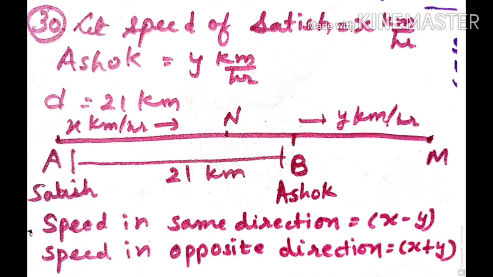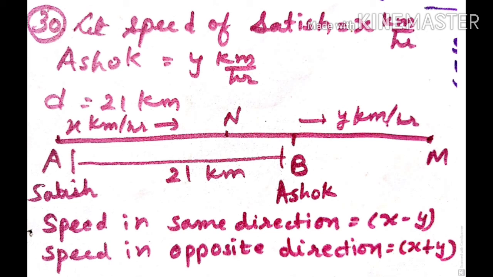Now when they move in the same direction, they will meet at point M. And if they move in the opposite direction, at that time they will meet at point N, because Satish is faster than Ashok, so he will cover more distance than Ashok. So I have drawn point N accordingly there.